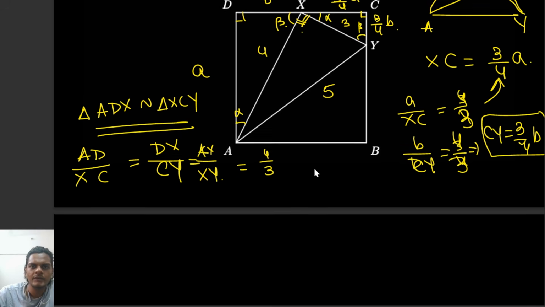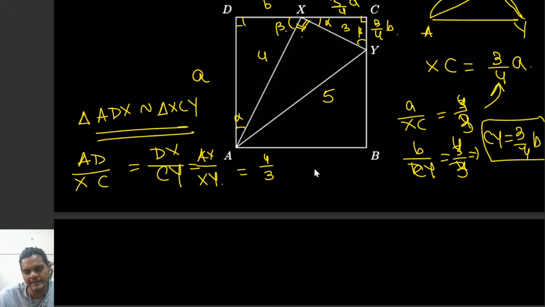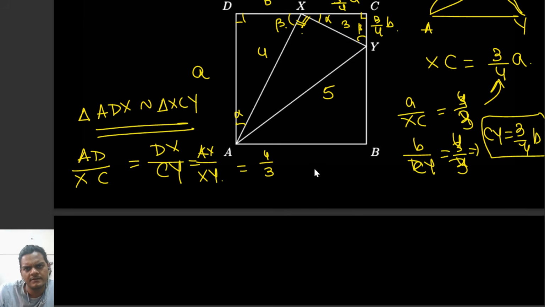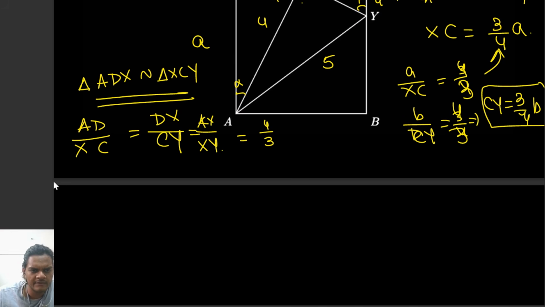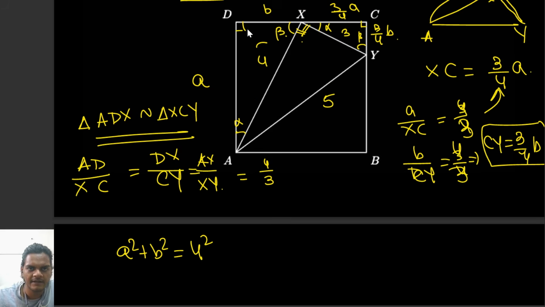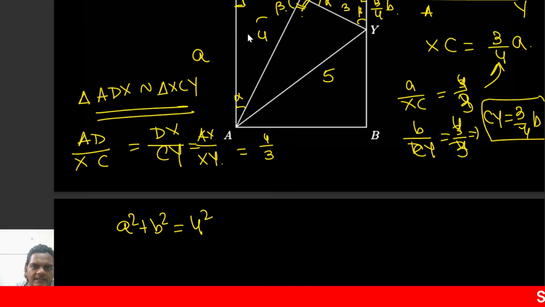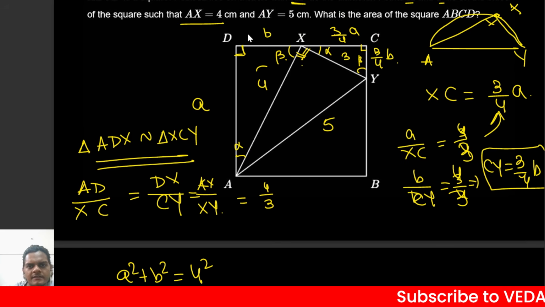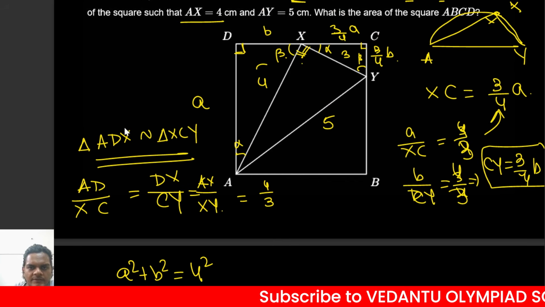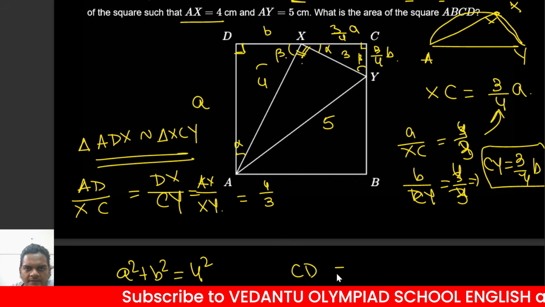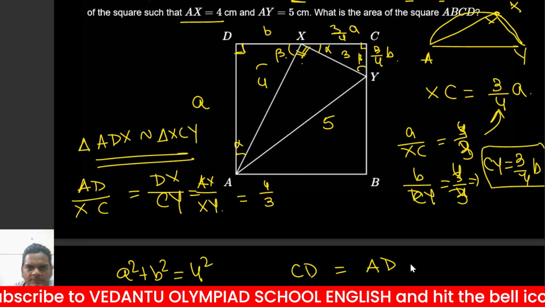What can you say about B exactly? One thing I can definitely say is A square plus B square is 4 square because that is a right angle triangle. And what else can I say? CD is equal to AD. This has to be true.